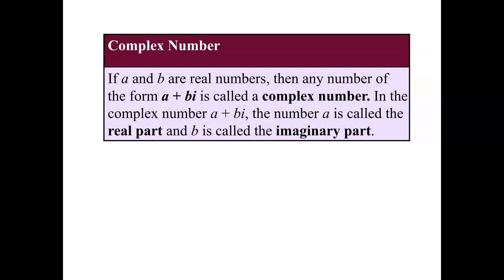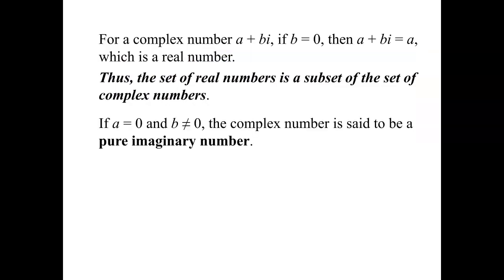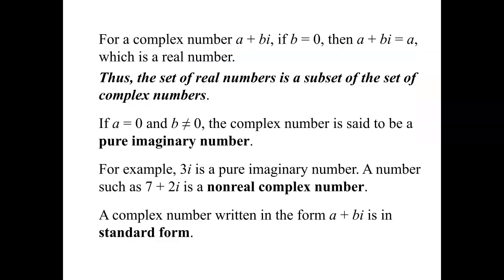So, we have what we call the standard form of a complex number, where A is the real part and BI is the non-real part. Now, depending on some variations, we'll have some different terminology for it. So, we've got a complex number, A plus BI.